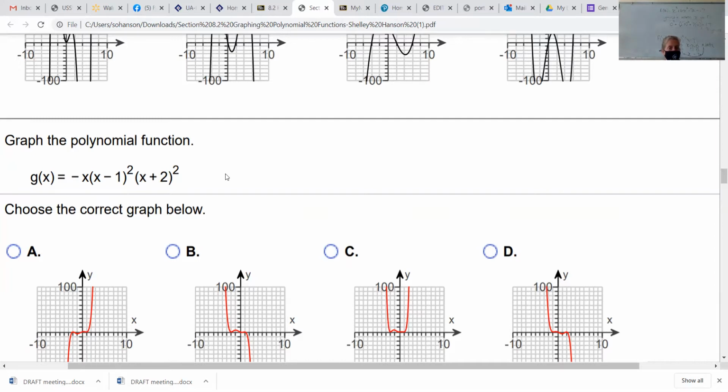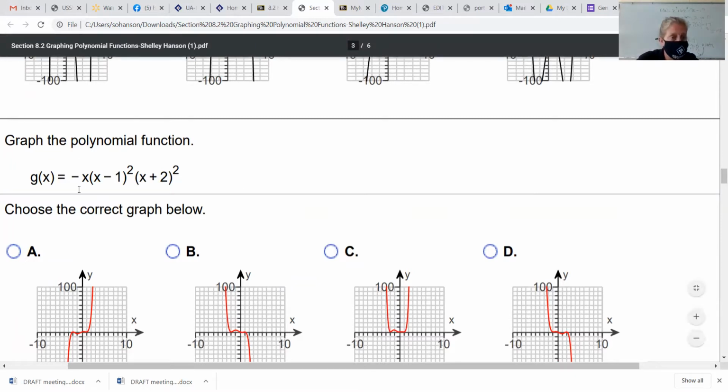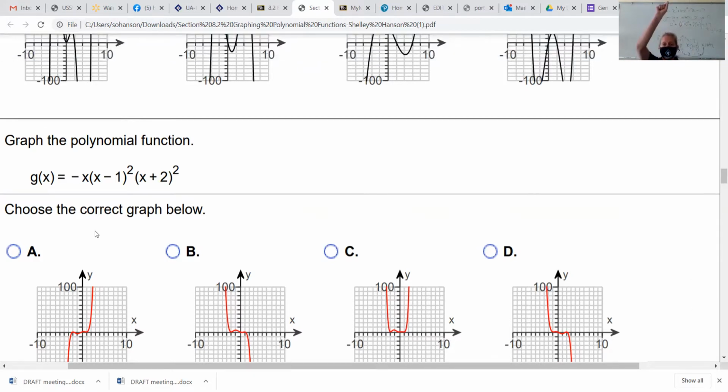The only thing that's helping me out there is it knocks out C, since C is both up. Now, is my end behavior positive or negative? Well, this negative right out here in front of my function tells me that it's negative, which means what should the ends of my graph do? They should start at the top and then throughout the graph travel down.